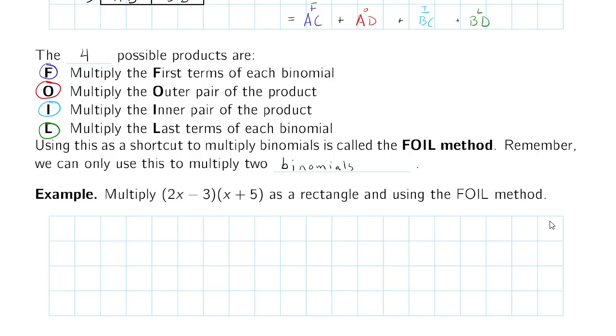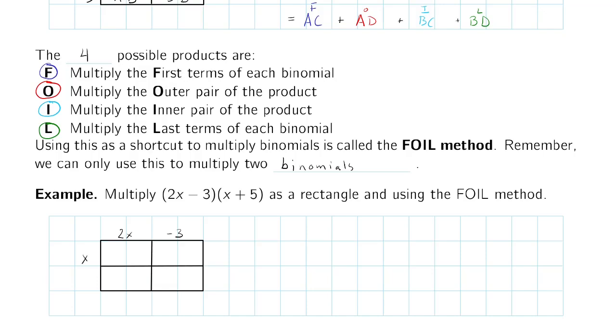So just to practice this method, we're going to multiply 2x minus 3 times x plus 5. And we're going to do it two ways: using the rectangle method we already have, and then the FOIL shortcut. So first, as a rectangle, we'll need 2 rows and 2 columns. Across the top, I'll put 2x minus 3.